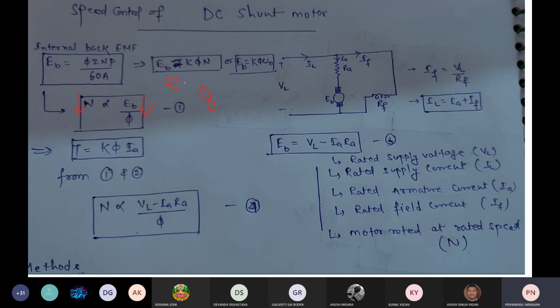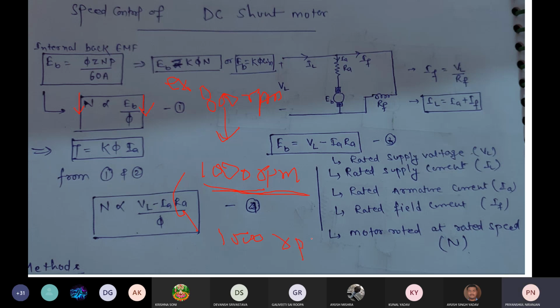Assume that for example 1800 rpm to 1000 rpm. 1000 rpm is the rated speed of the original circuit. We assume that. So it is possible for higher than that speed also. We assume means 1500 rpm. We control in between 800 rpm to 1500 rpm.